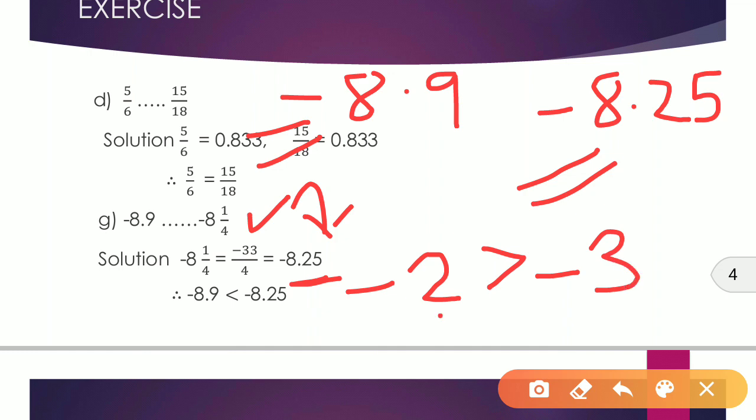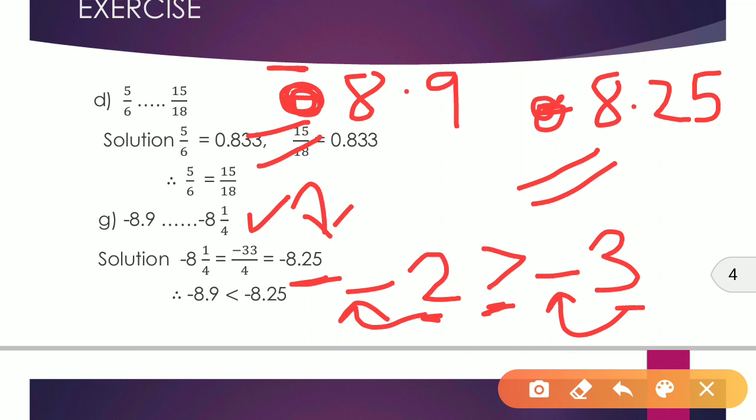It means the smaller number with the negative sign will be greater than the larger number with the negative sign. Here 8.25, if you do not see the minus sign, is smaller than 8.9, but both are with the negative sign. Therefore minus 8.25 will be greater than minus 8.9.